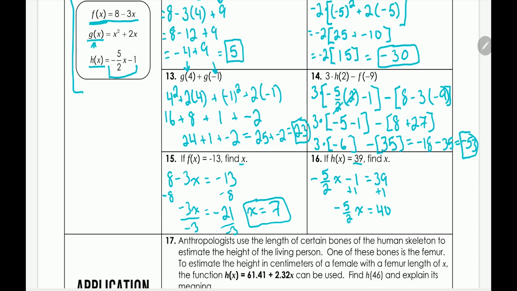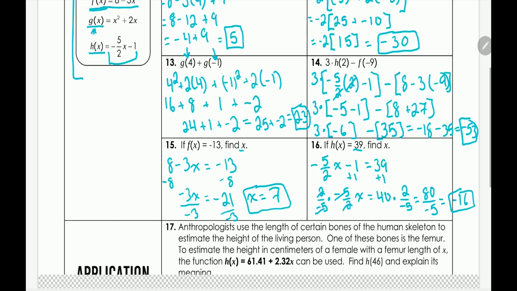And then we have to get rid of this fraction, so we're going to multiply by the reciprocal. Two on top, 2 on bottom, negative 5 on bottom, negative 5 on top. That leaves us with x is equal to 40 times 2, which is 80 over negative 5. And 80 divided by negative 5 is going to be negative 16. And that's our answer for 16.